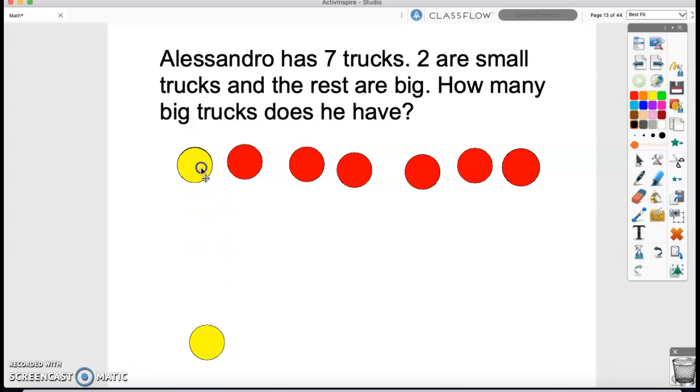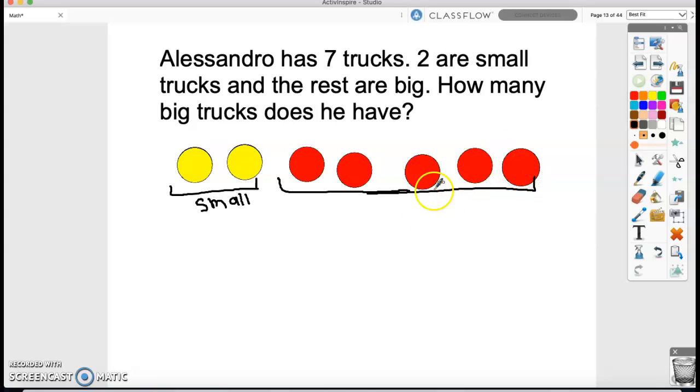So he has 1, 2 small trucks, and the rest are big. So I know if these 2 out of the 7 are small, I know that the rest are big.